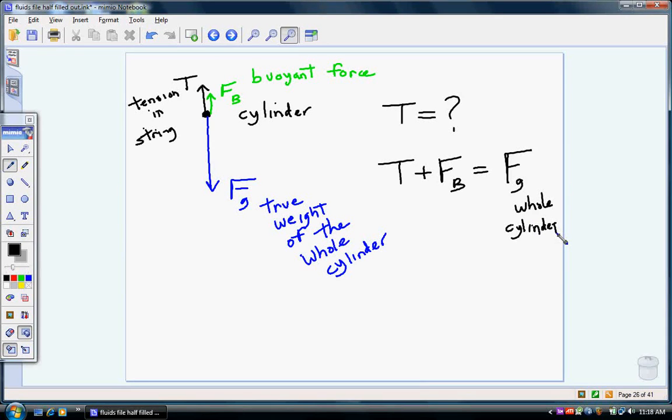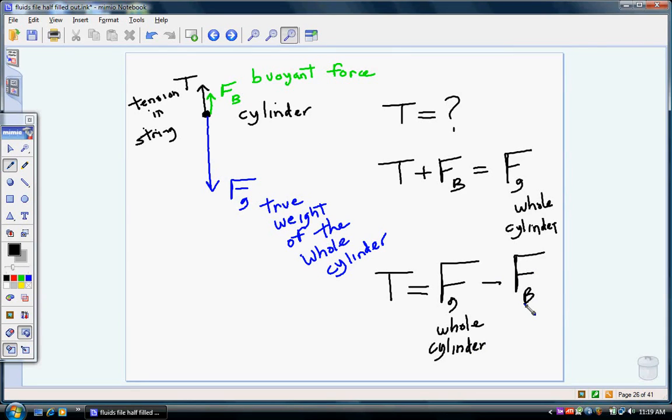And if we solve this for T, T equals the weight of the whole cylinder minus the buoyant force, the force that the water exerts upward.